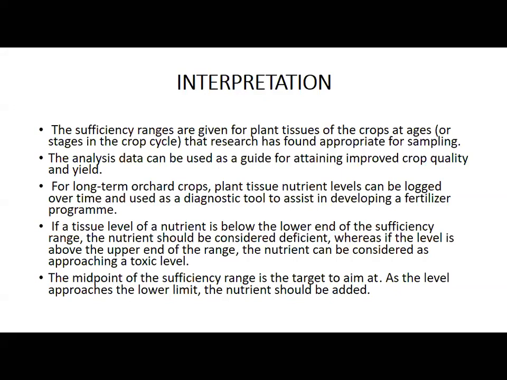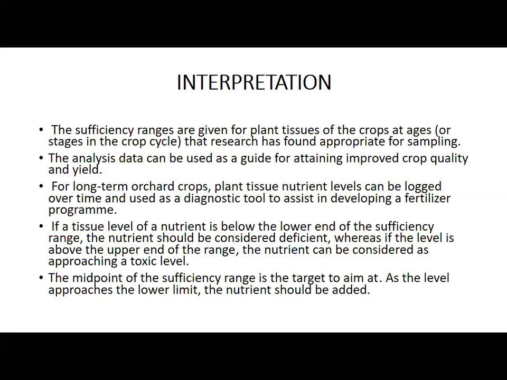We have to predict or target yield in particular commercial fruit crops like banana. We are able to drive targeted yield through soil testing and crop response, by doing soil analysis and alternately taking plant analysis at various growth stages.